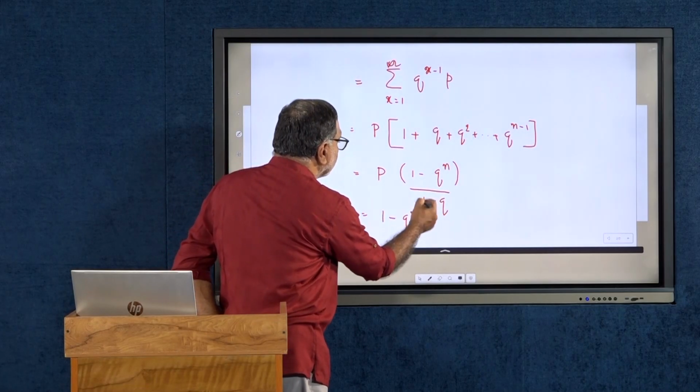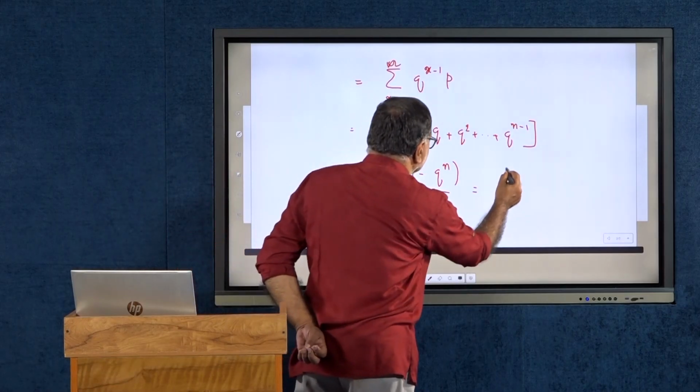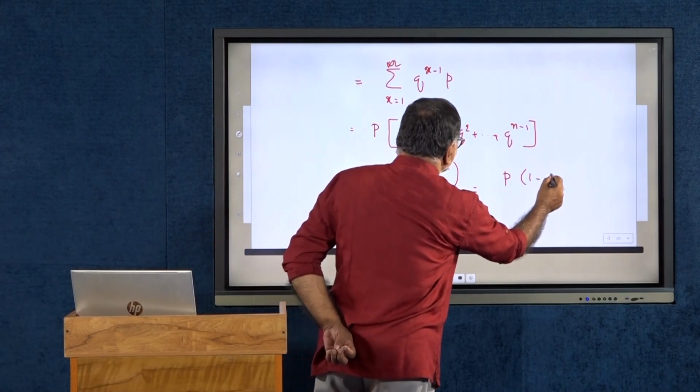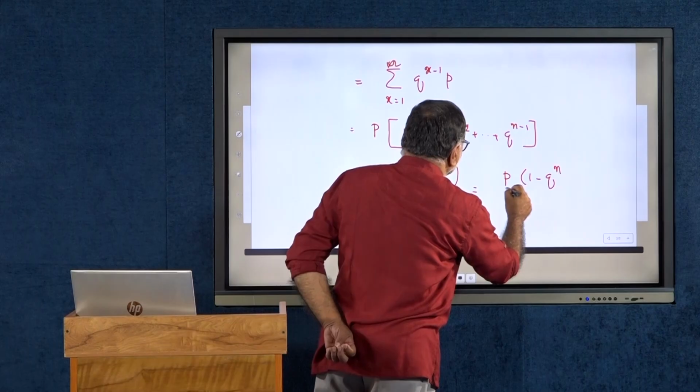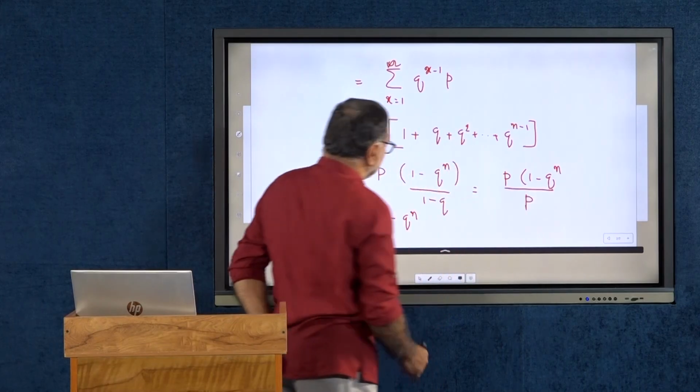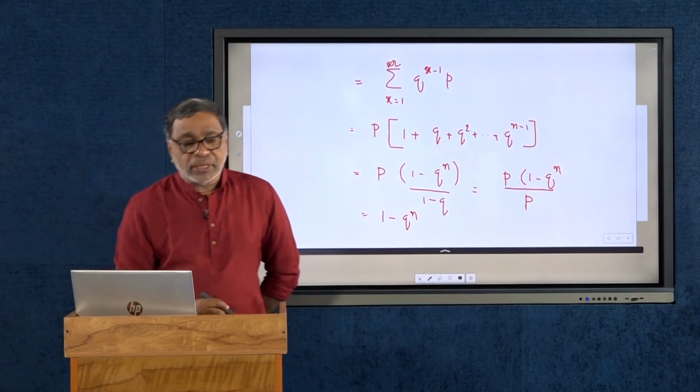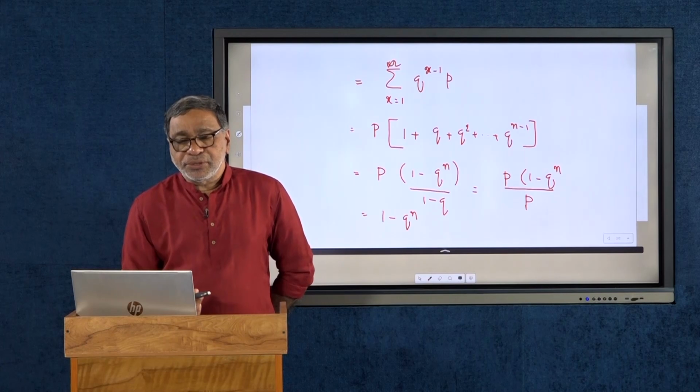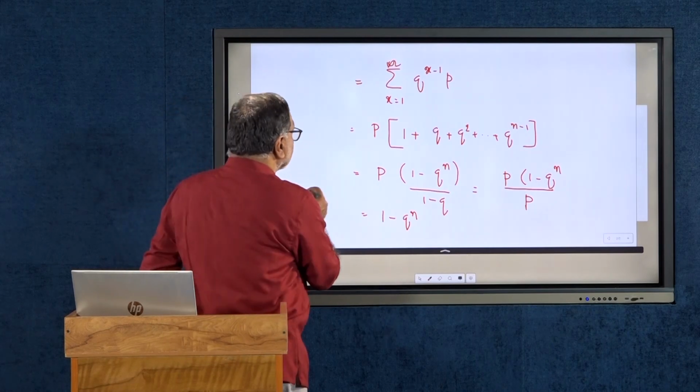Why? Because 1 minus q is equal to p, that is actually p into 1 minus q power n divided by p. So, 1 minus q power n is our probability of x less than or equal to n.